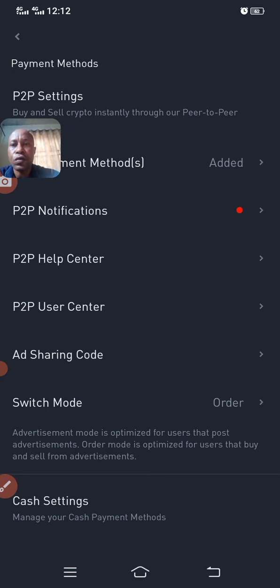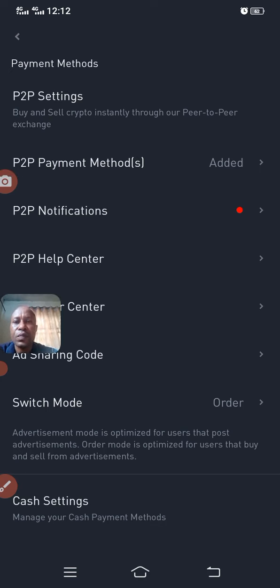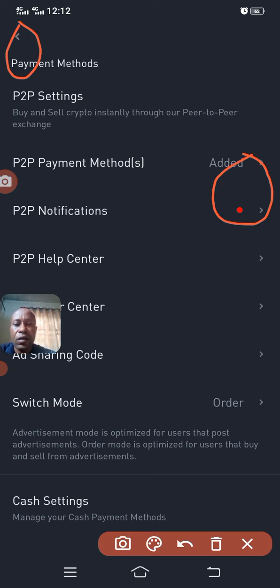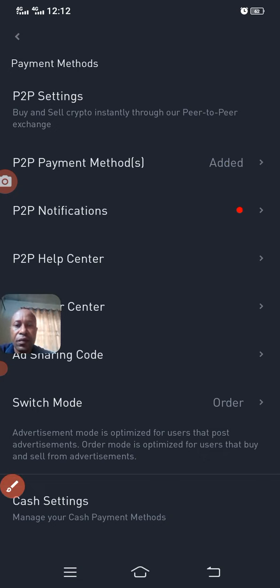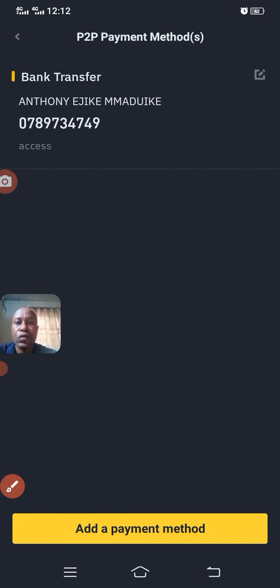So since you have come to payment method, locate where it is telling you P2P method. You have to click on P2P method. Once you have clicked on it, you need to click on add. You click on add P2P method.